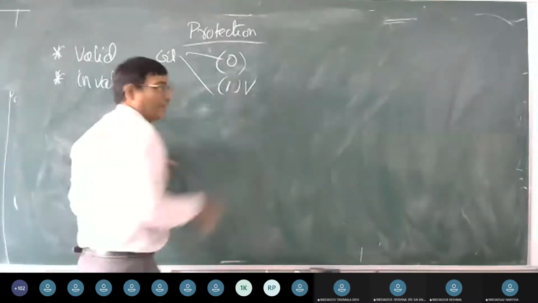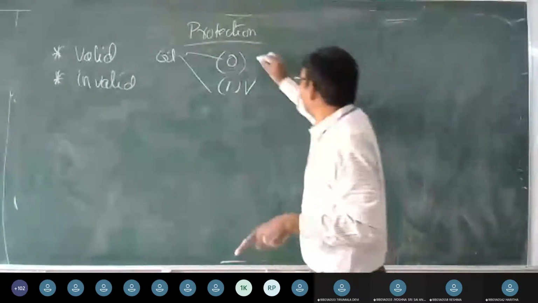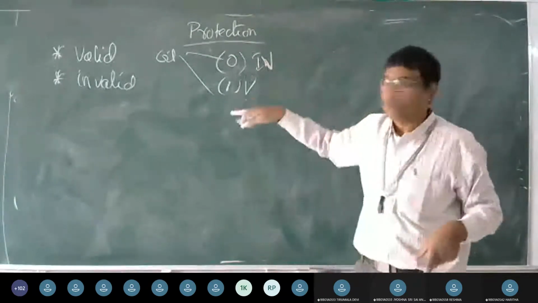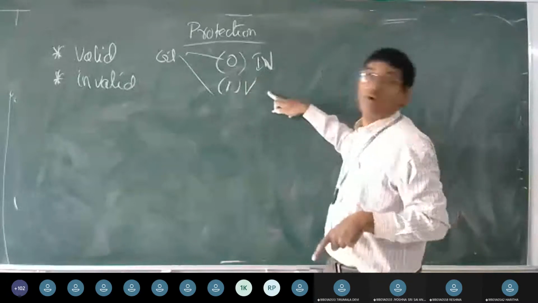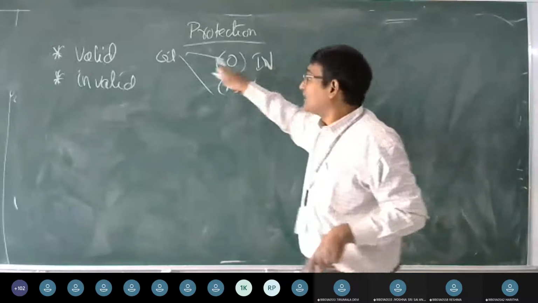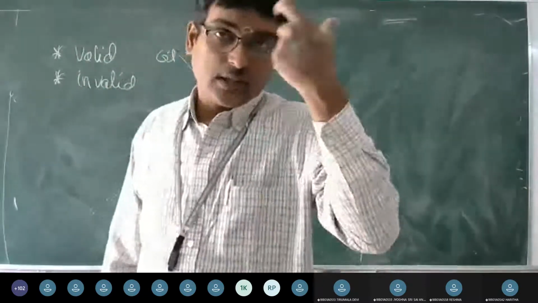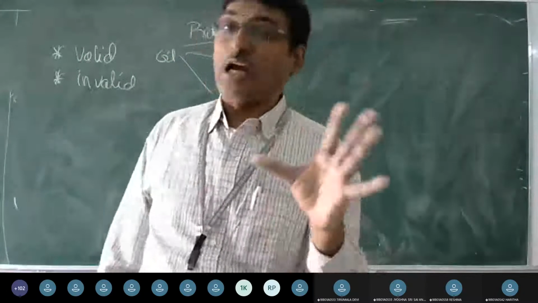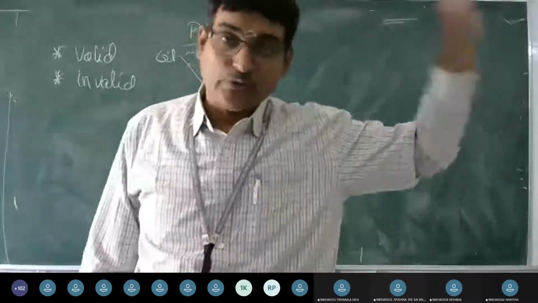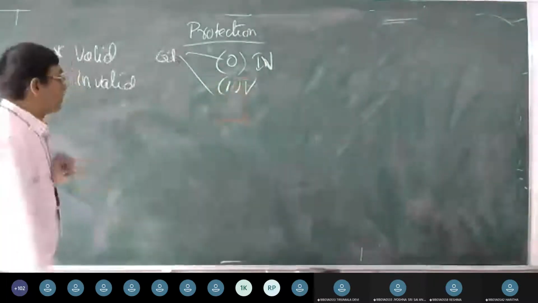If it is valid, it is represented with 1. If it is invalid, it is represented with 0. If it is represented with 1, we call it a valid bit. If it is invalid, then the bit reciprocates the value as 0. That means the page is not going to be used, and the page is not going to be allocated an associated frame. Then we implement it in this aspect. Fine.